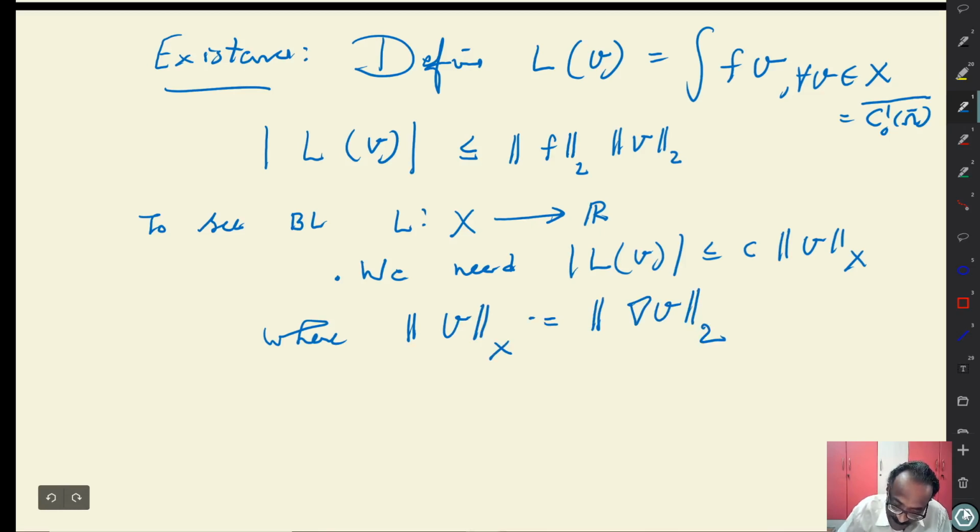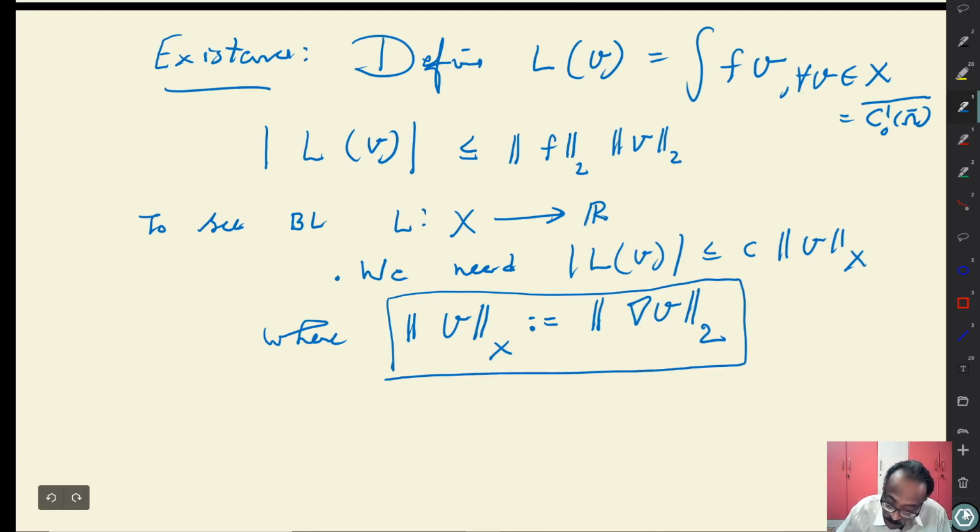This is by definition, because you know that V is in X, so you define grad V in L2. But you have only this inequality.